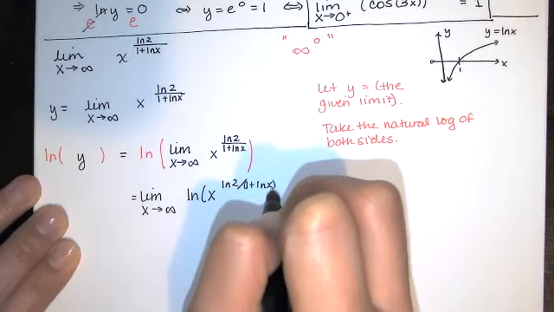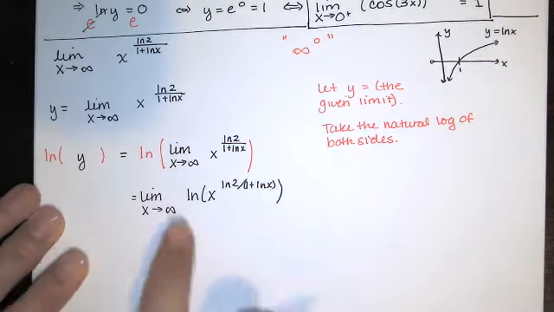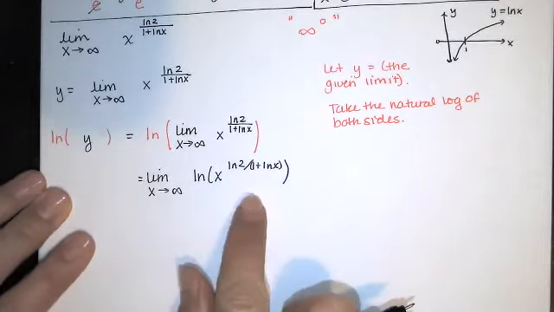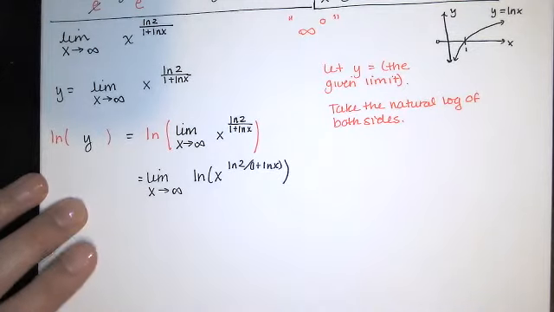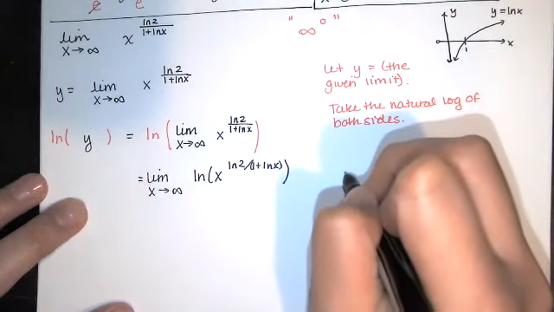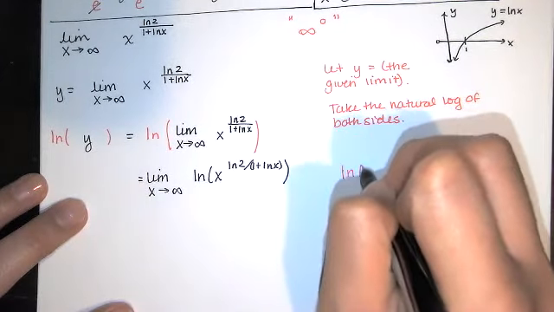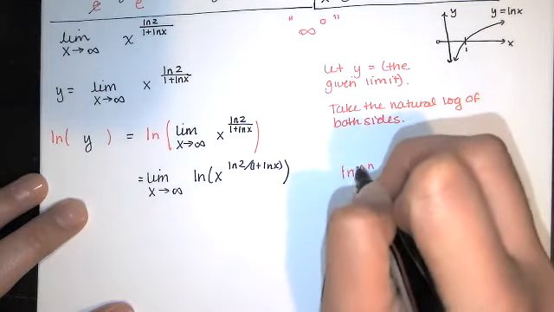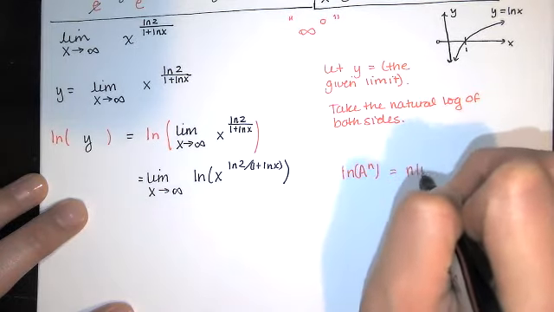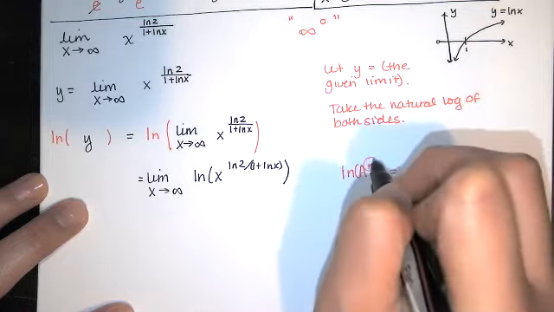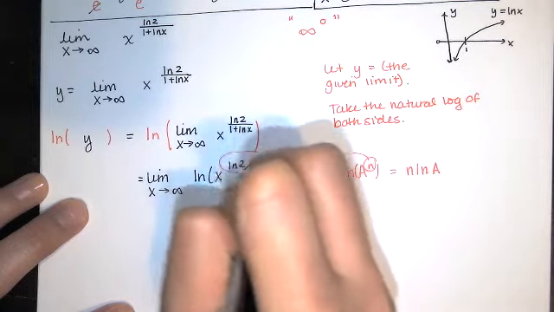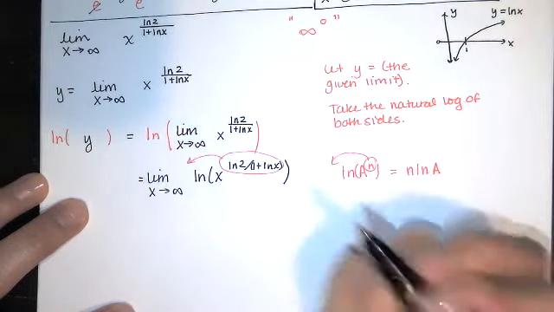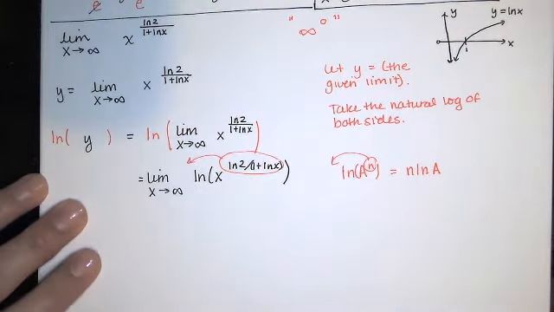And then you see why we do this. The whole point of taking the log of this is to be able to use this exponent property. We know that log of a to the n is n times natural log of a. So we can bring that exponent out front. And then we'll just have a natural log of x over there.